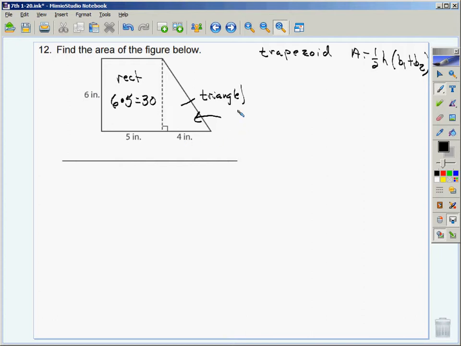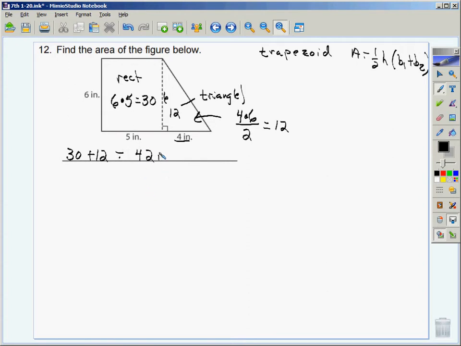The base is 4. The height is 6. And I would have divided that by 2. This is 12. So to find the area of my whole thing, I'd take 30 plus 12, which is 42.